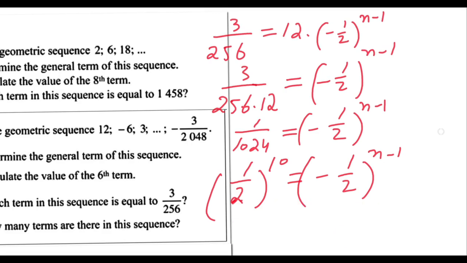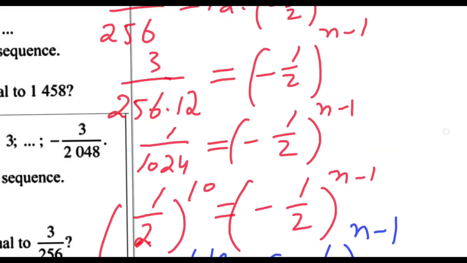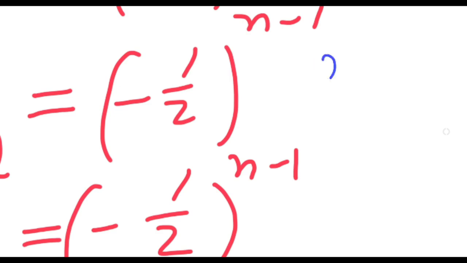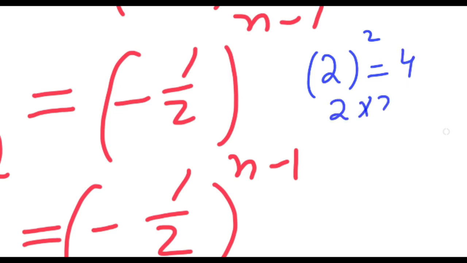So we need to make sure the bases are the same. So this is negative 1 over 2 power 10 is equal to negative 1 over 2 power n minus 1. Because if you have, for instance, 2 power 2, the answer is going to be 4, because 2 times 2 is 4.